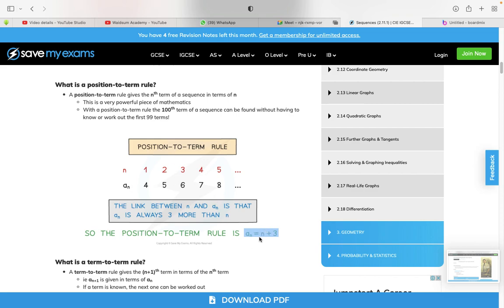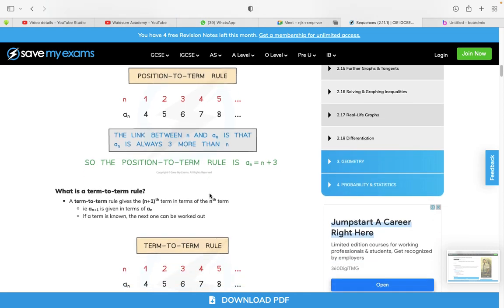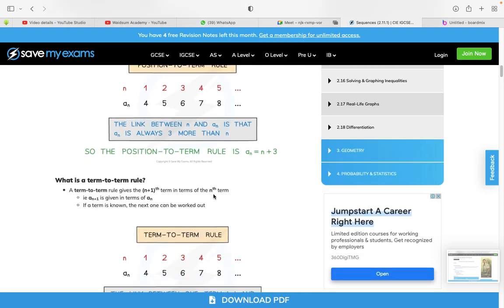In another question, it may be an equals n plus 4 or n minus 2, whatever. It depends on how this relates to this. We'll see in another example, the formula might be different.